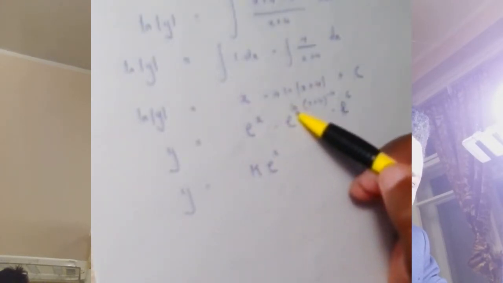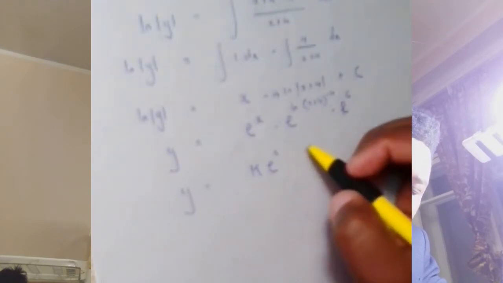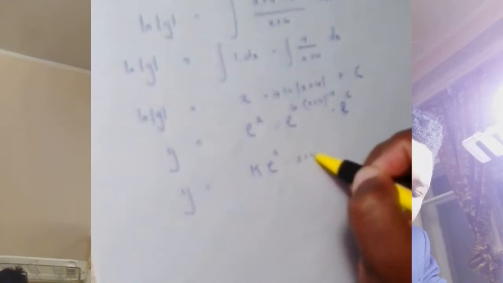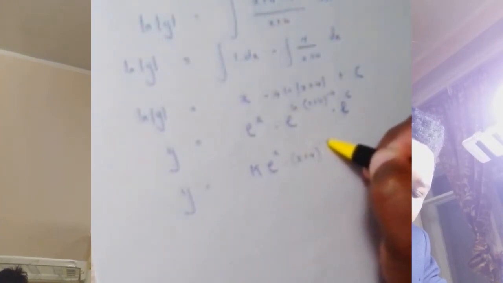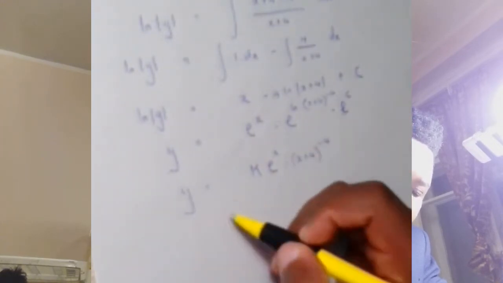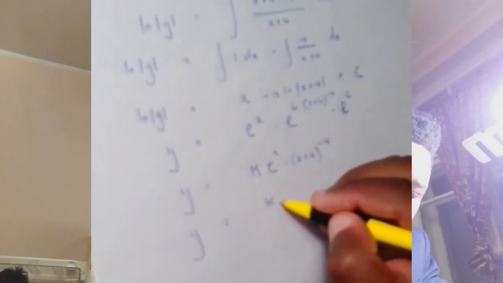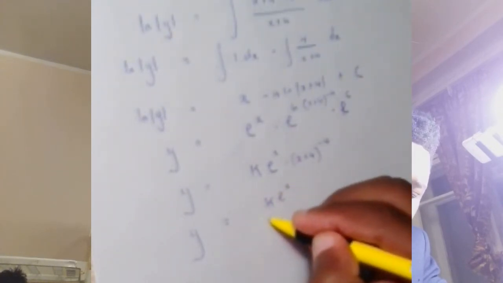This exponent and this ln will cancel, and I will be left with multiplied by (x + 4) to the power of minus 4, and I can rewrite this in this way: k exponent of x divided by (x + 4)^4. Then this one is our solution.